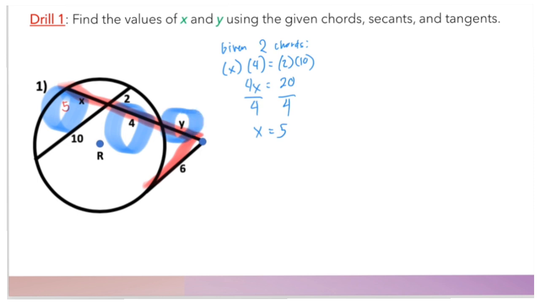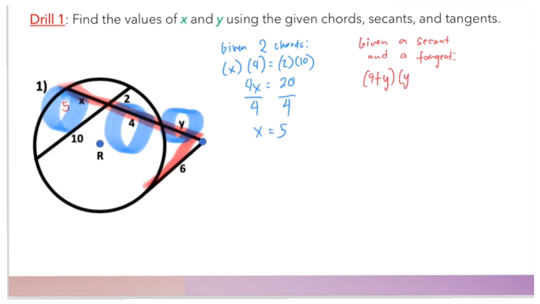What if you are given a secant and a tangent? For the secant, 5 plus 4 is 9. But you cannot add 9 to y, so you'll simply have 9 plus y.